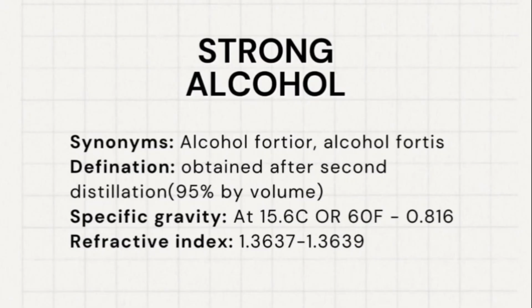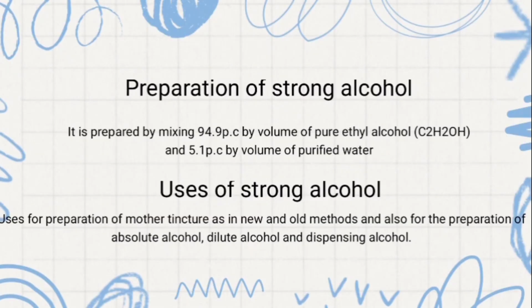Strong alcohol. It is also called alcohol fortier or alcohol fortis. It is obtained after secondary distillation, so its strength is 95% by volume. The specific gravity is 0.816 at 15.6 degrees centigrade or 60 degrees Fahrenheit. Its refractive index is 1.3637 to 1.3639.